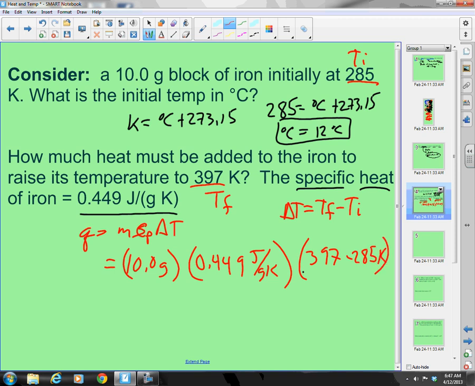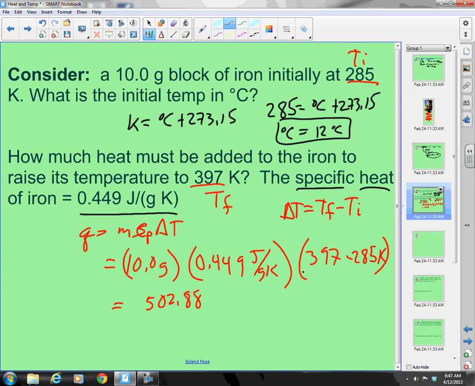All right, so let's grab the mighty calculator. What does my TI-30XA say? I'm going to take 397 minus 285 equals, woohoo, times 0.449 times 10.